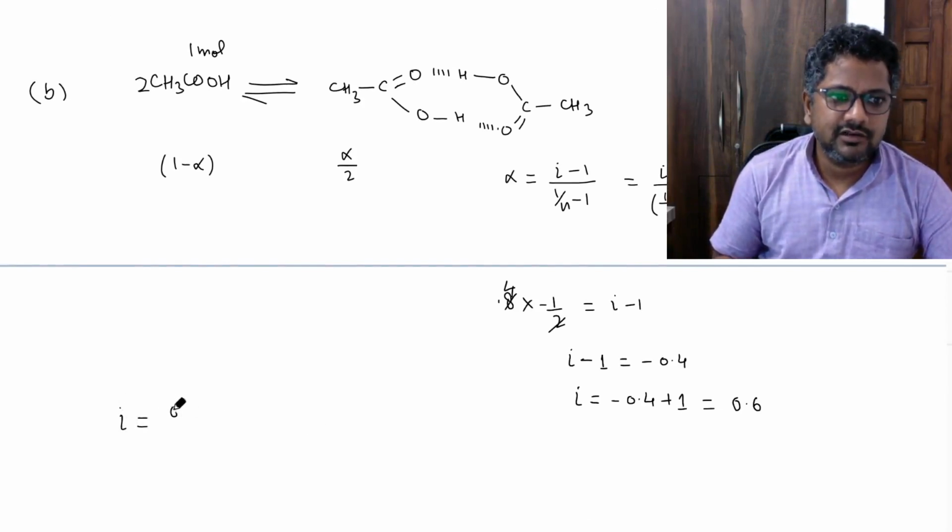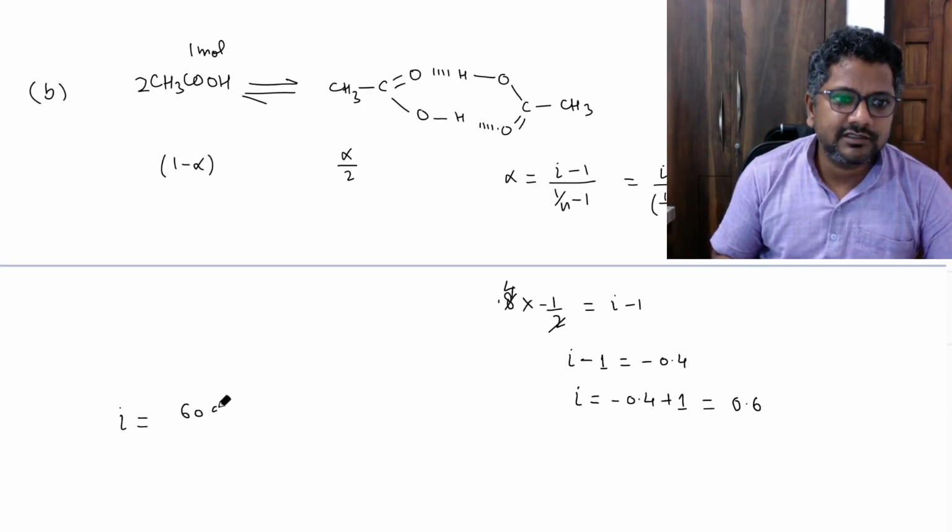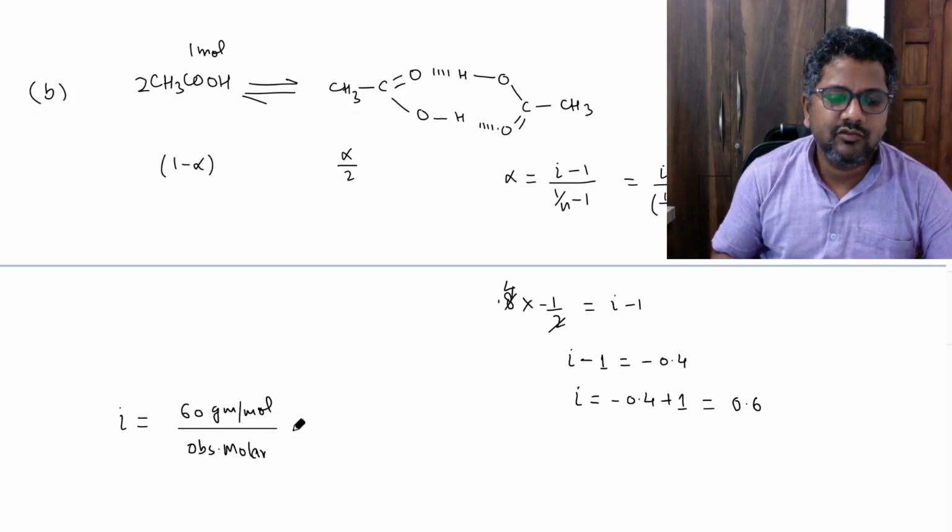Now you can calculate. i is equal to theoretical molar mass. Theoretical molar mass is 60 grams per mole by observed molar mass.